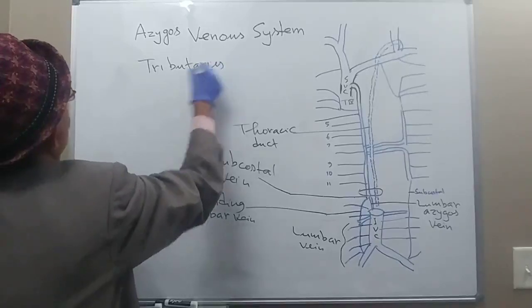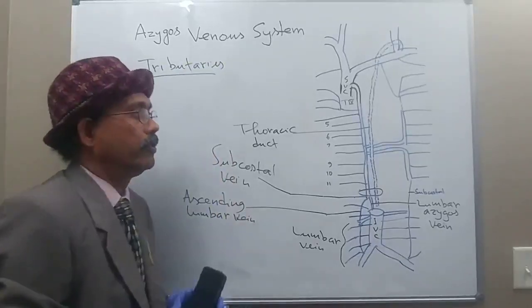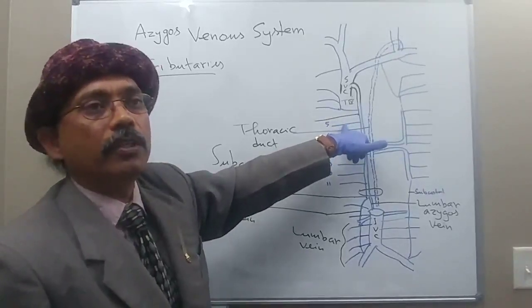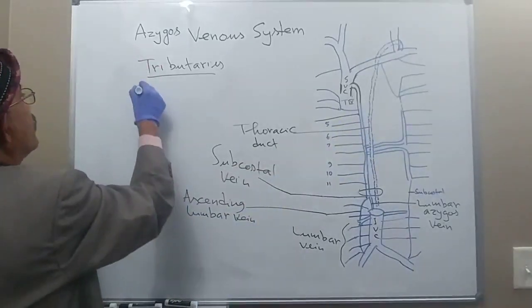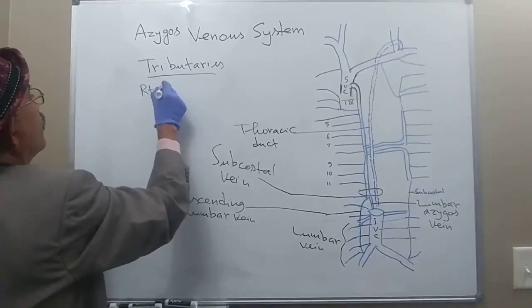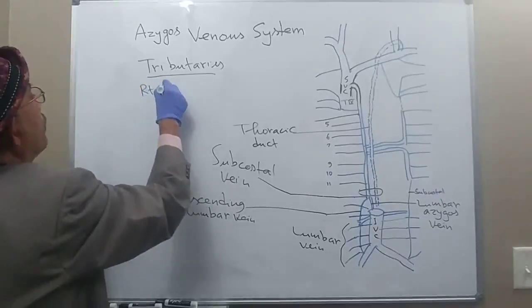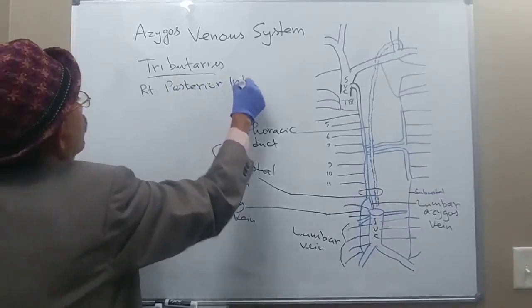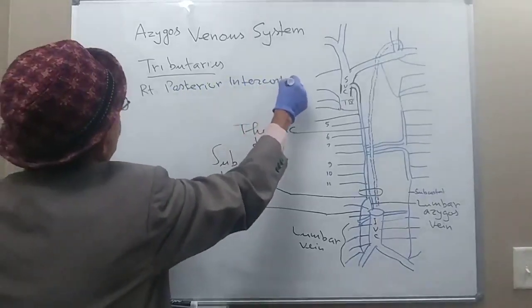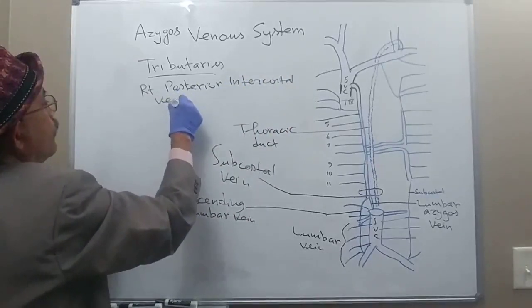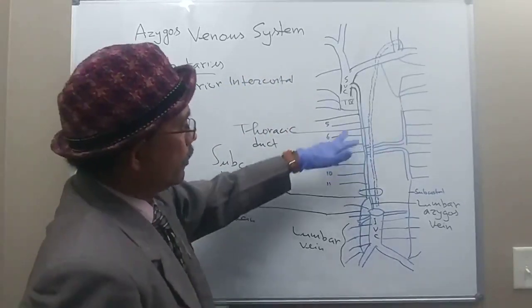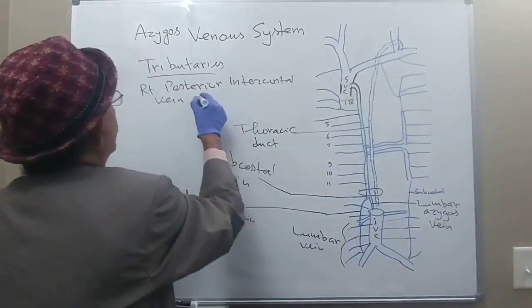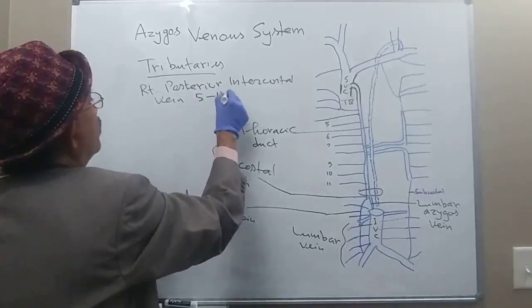What are the tributaries? We have the right posterior intercostal veins. Which veins? We have the 5, 6, 7, 8, 9, 10, 11, so 5 to 11.